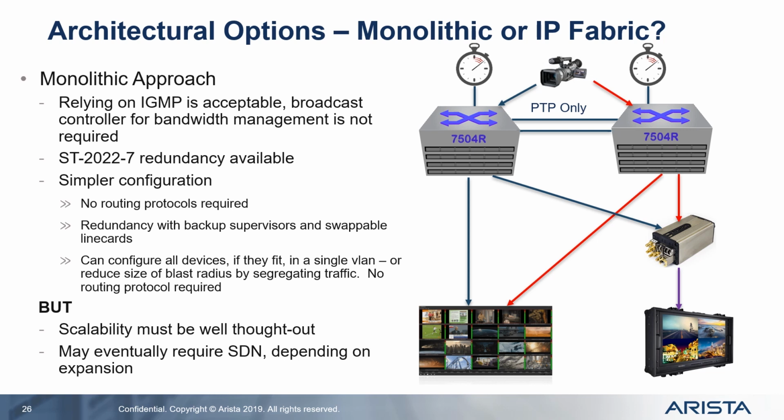So this is obviously pretty simple because you can put everything in one VLAN if you want. You can separate them by line card. You can do whatever you want. The configuration is relatively simple, as you don't really require routing protocols for this because everything would be directly connected. But obviously, scalability has to be well thought out if you're going to go with a chassis switch like this.